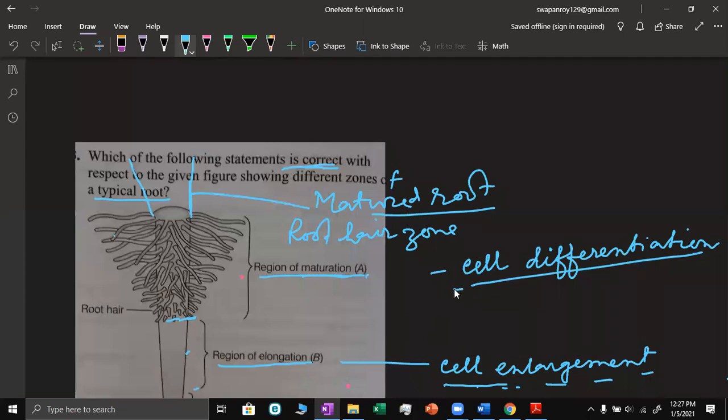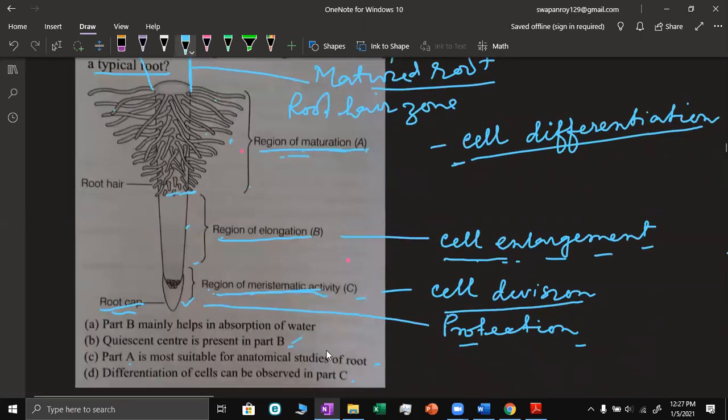So this is the portion, this region here, due to the presence of the root hairs here, this is the most suitable part for the absorption of water and mineral. Some minerals are absorbed from this zone of elongation also, but this zone is most suitable for absorption of water and mineral because the root hairs are there.